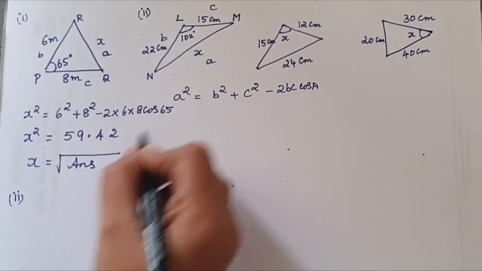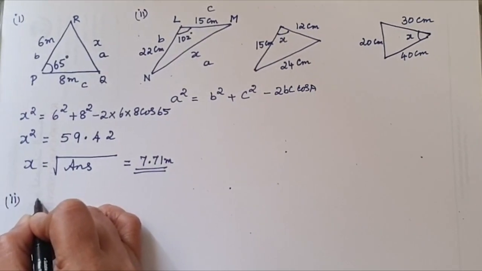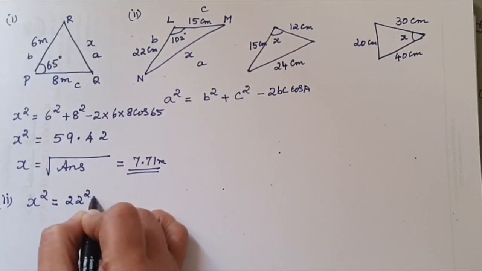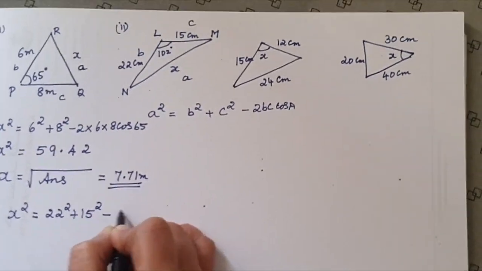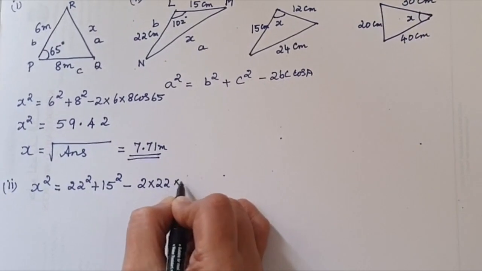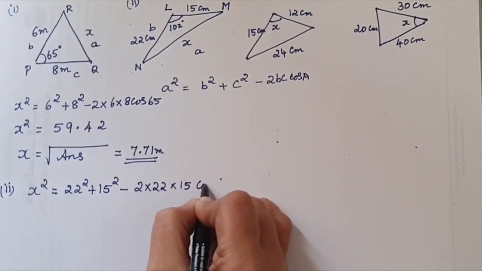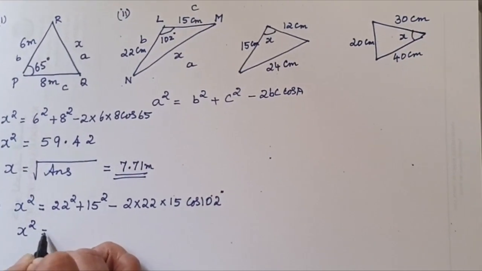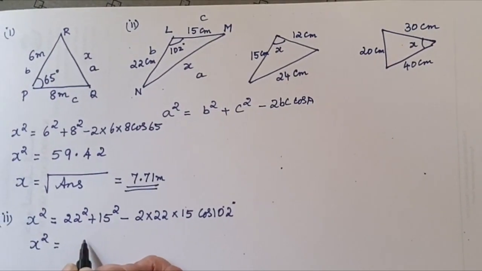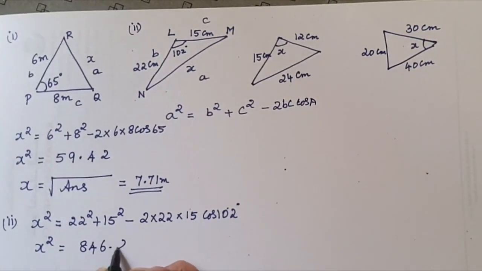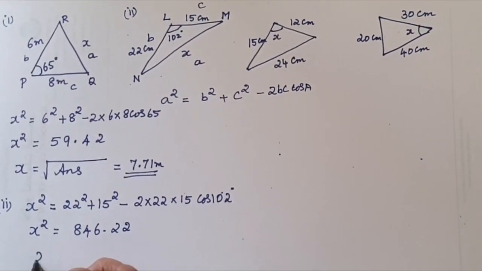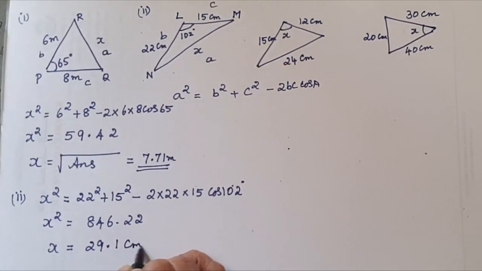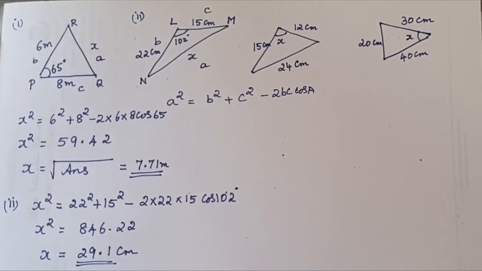Now how will we apply the same formula? a square, which is x square, will be equal to b square, which is 22 square, plus 15 square, minus 2 into 22 into 15 cos 102 degrees. Just apply everything in the calculator. x square will be equal to 846.22. Then take the square root of it. The value for x will be equal to 29.1, and the unit is centimeters. So write our answer in centimeters.